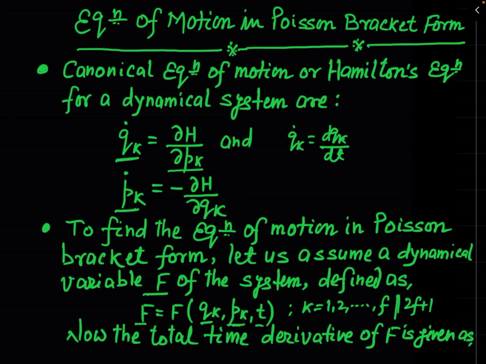So to find the total time derivative of f, you must follow the rule of partial differentiation. First we differentiate f with respect to qk, keeping pk and t constant. Then we differentiate f with respect to pk, keeping qk and t constant. Finally we differentiate f with respect to t, keeping qk and pk constant.